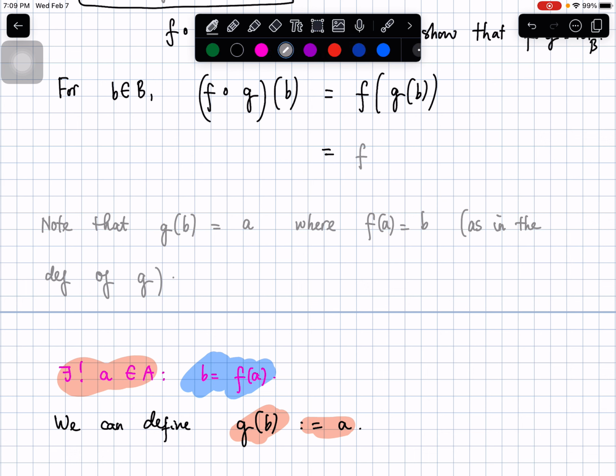So this is f of small a, where f of a equals b. So we know that f dot g of b equals b, but b is the same as the identity on B of small b. So these two functions must be equal. f dot g must be the same as the identity on B.